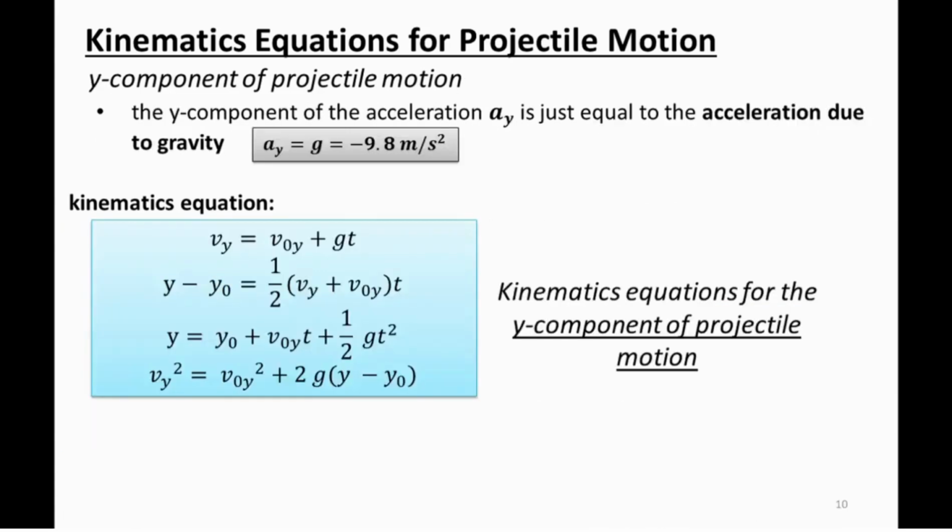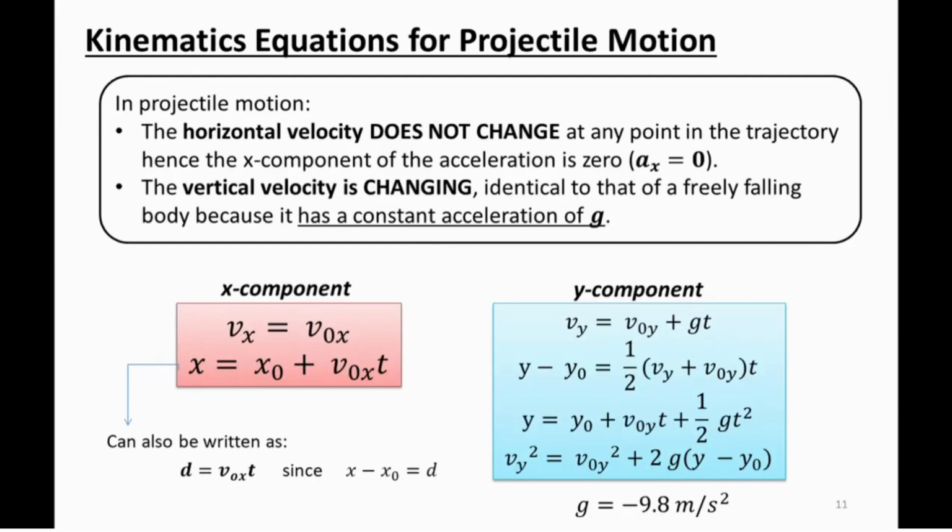The vertical component, or the y component, on the other hand, will just remain as is, since we have already taken into account the constant acceleration due to gravity, which is equal to negative 9.8 meters per second squared. In other words, to summarize the kinematics equations for the projectile motion, we have here 2 sets of equations, one for the x component and the other for the y component.